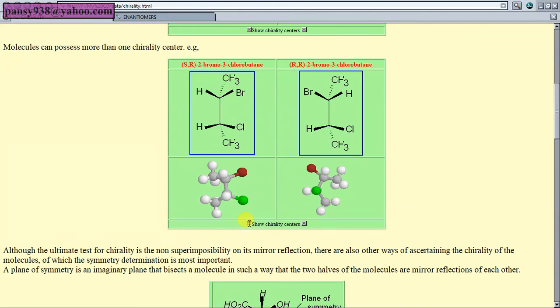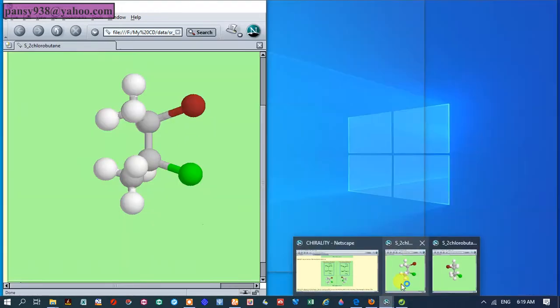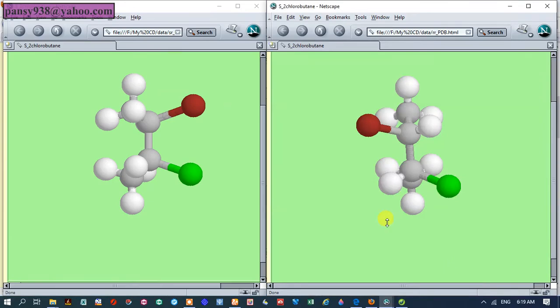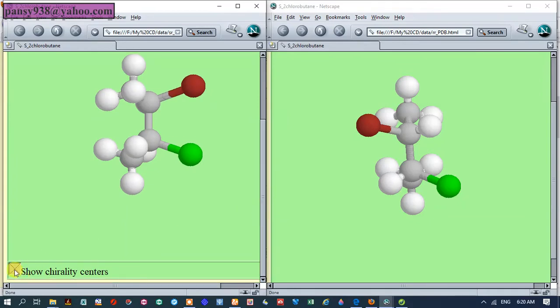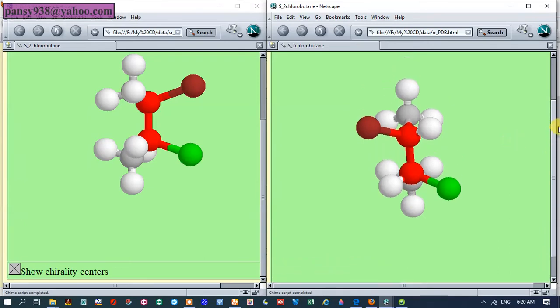You can see the chirality center of both molecules, and you can even view a larger image of both the molecules and the mirror image of chiral centers of both the molecules, which are marked in red color.